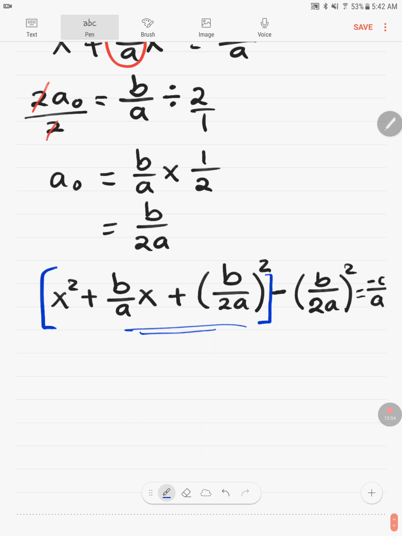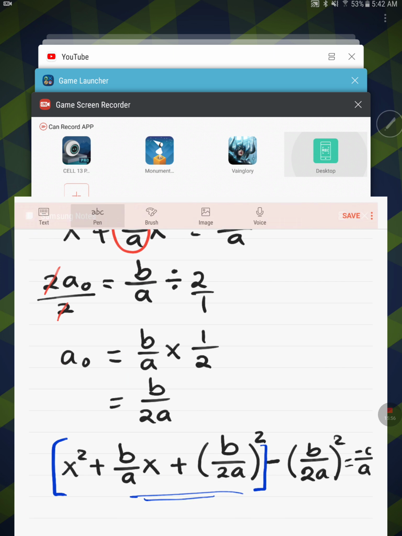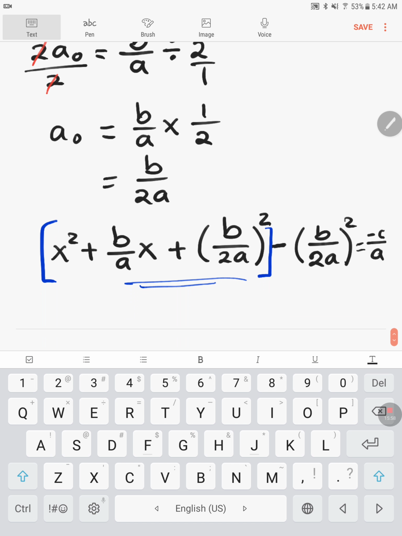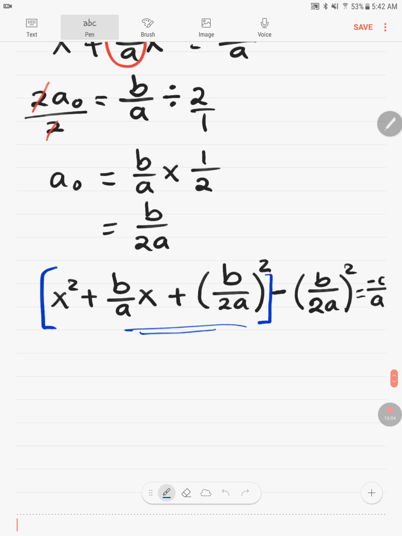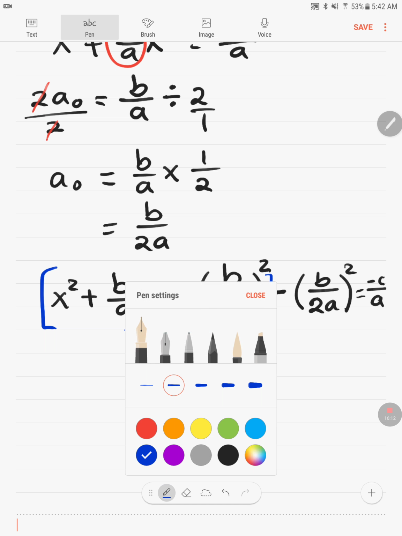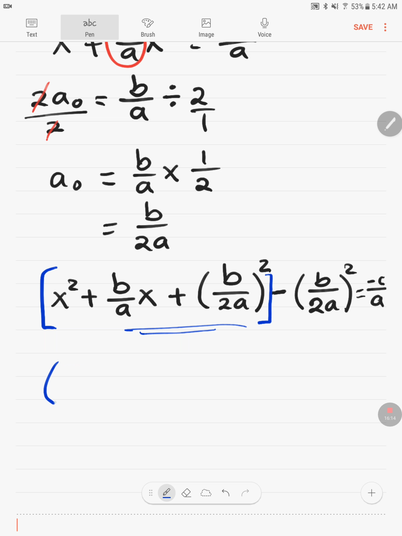So what we have is the following. You can see that it's going to be equal to x plus a0.